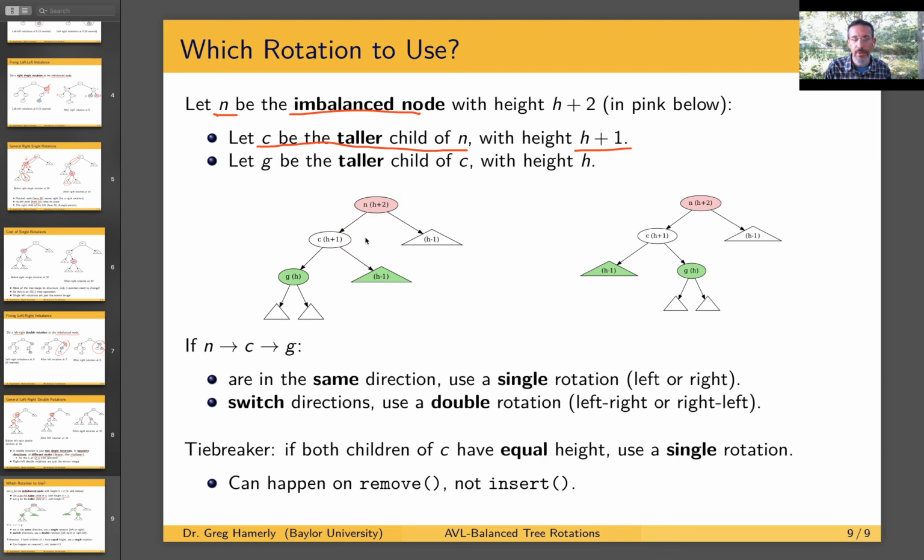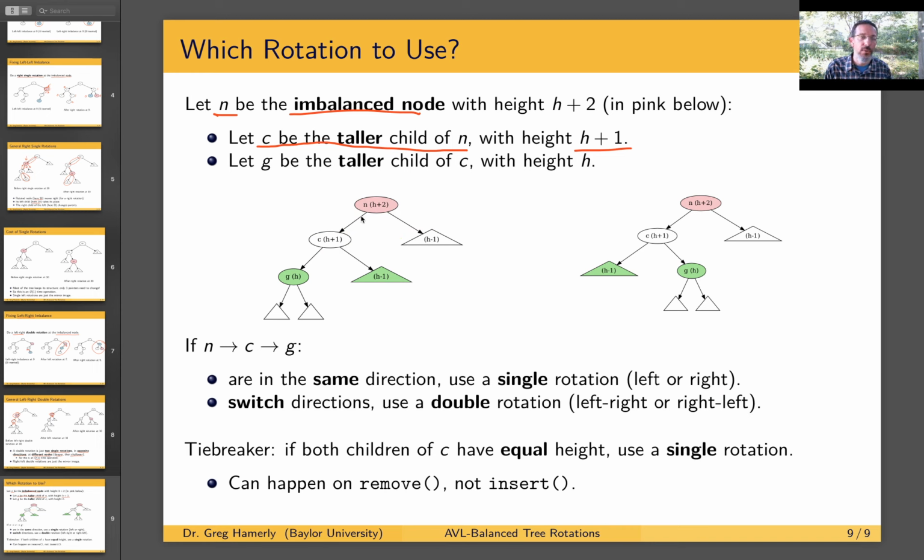Now, you notice that there is an imbalance here because C, the taller child, has height h plus 1. Its sibling, which represents an entire subtree here, has height h minus 1. So that's a difference of more than 1. So this is not AVL balanced.